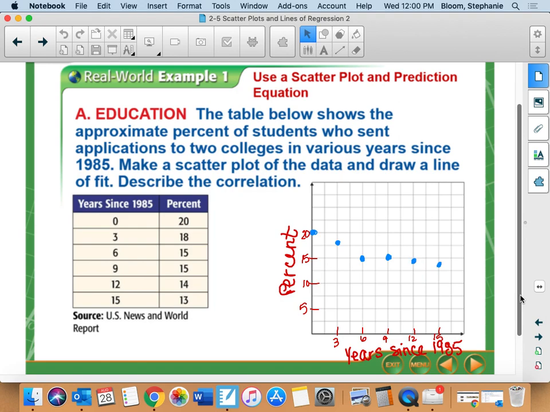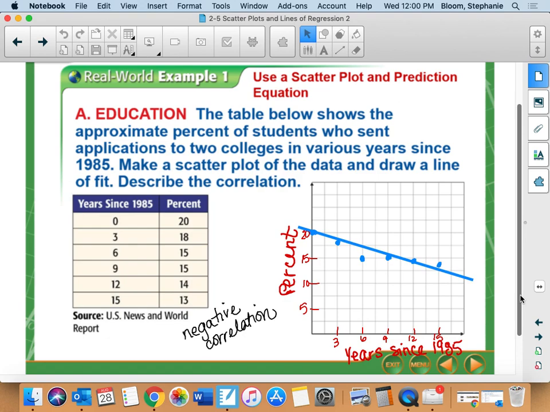So the goal is, when you do your line, I have the same number of points above the line as I do below the line, as best that you can, okay? And so describing the correlation on this one, the very final part, this is a sloped line going downhill. So this would be negative correlation, okay?